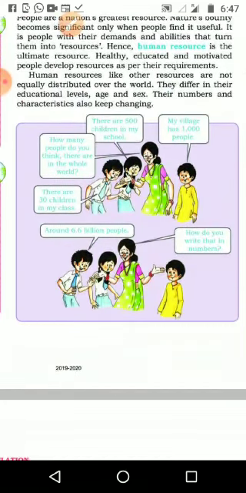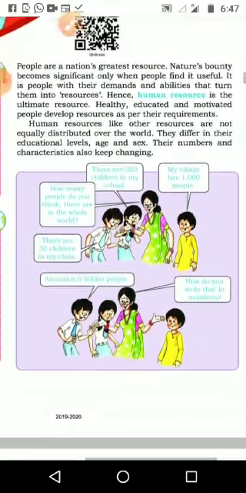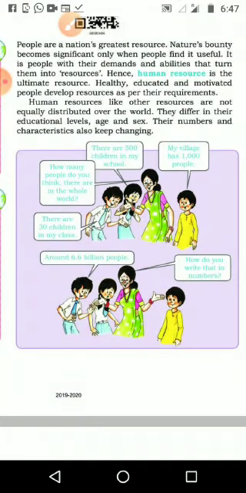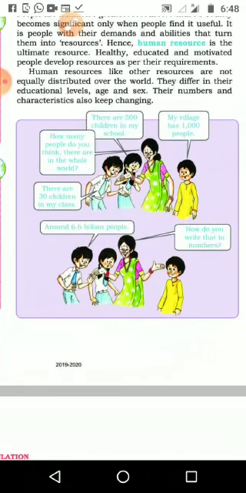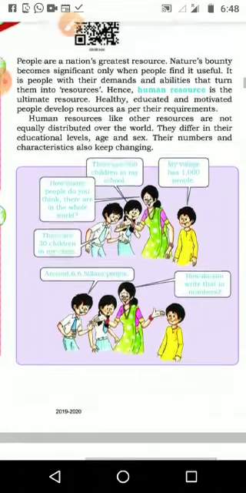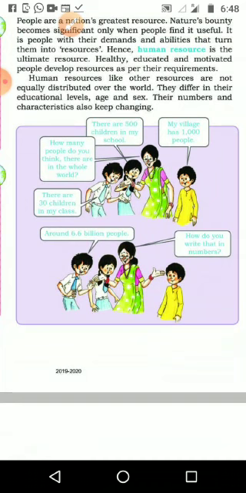Some of our friends and classmates make many things out of waste, maybe old cloth, or some children collect different types of pebbles, color them and use them for different purposes. In different ways we become motivated and use what is there in nature, and it becomes more productive and more valuable.